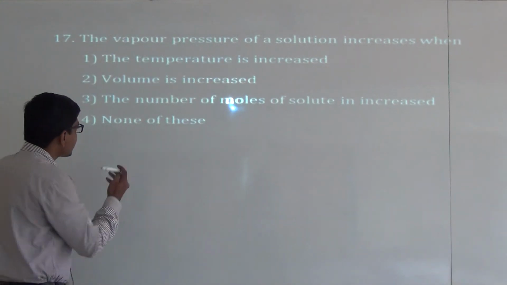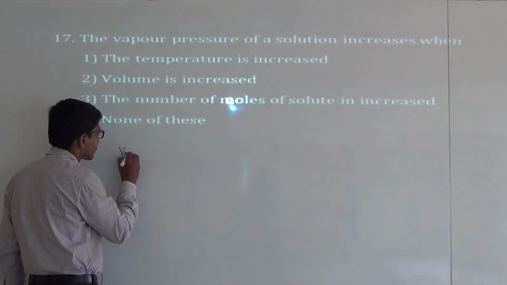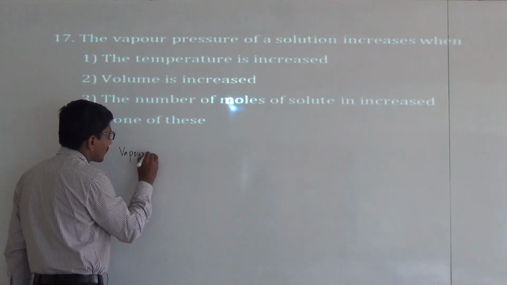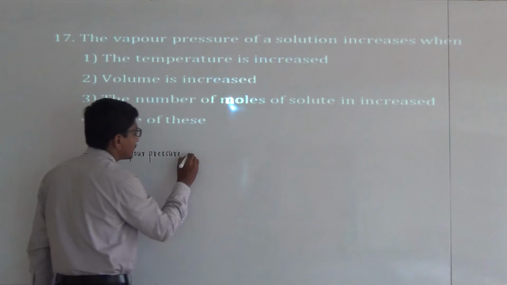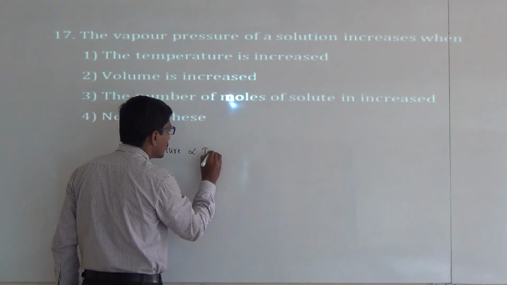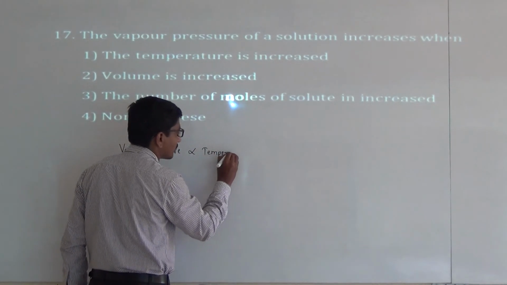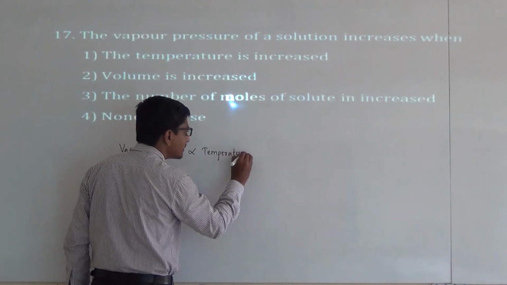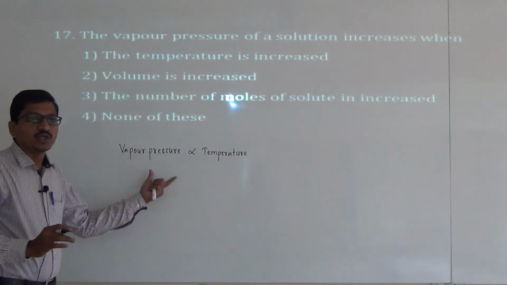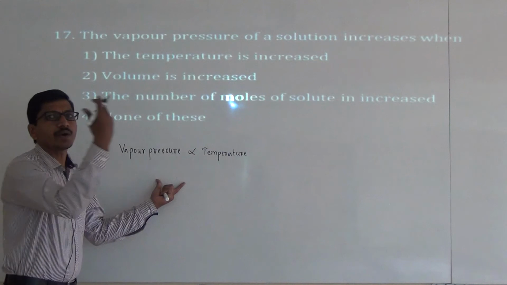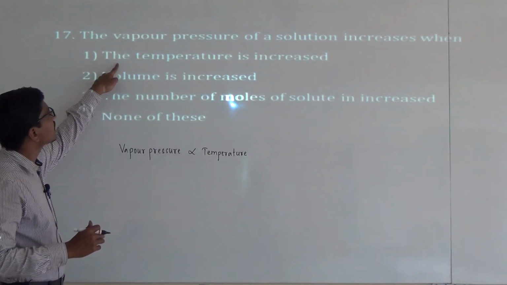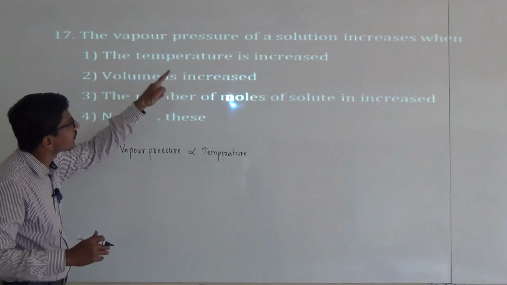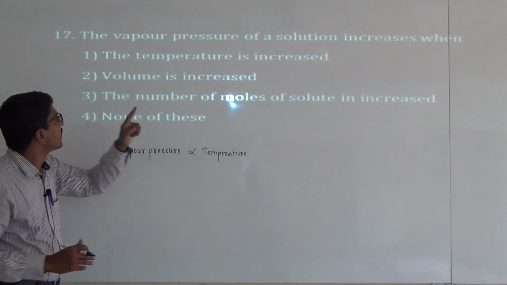The vapor pressure is directly proportional to temperature. With an increase in temperature, the vapor pressure of the solvent or solution increases. In the first option, if the temperature is increased, the vapor pressure of the solution also increases.